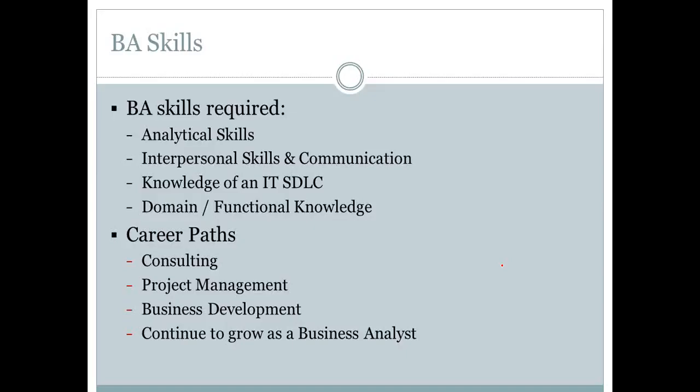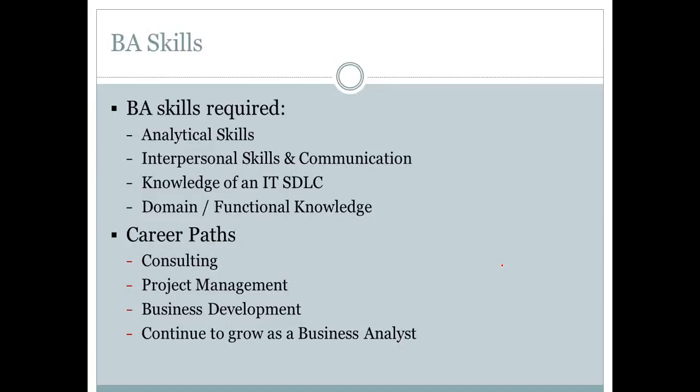Business development is another option, if you have a flair for selling. You would talk to your prospective customers, understand their requirements, and then submit a proposal saying this is how we will execute projects for you, and win business from them.